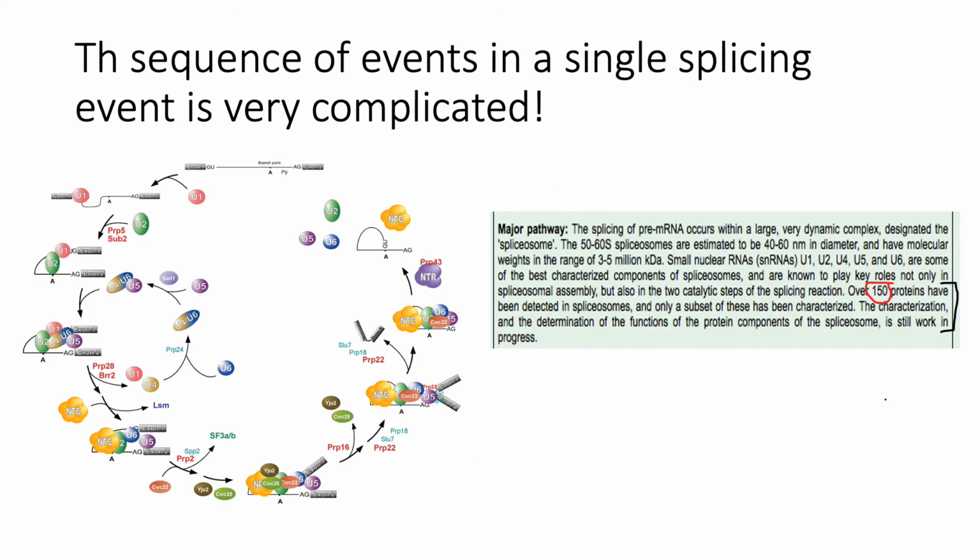What I wanted you to realize, you don't have to know this, you don't have to memorize any of these things here, but I just want you to see that the sequence of events in a single splicing event is extremely complicated.